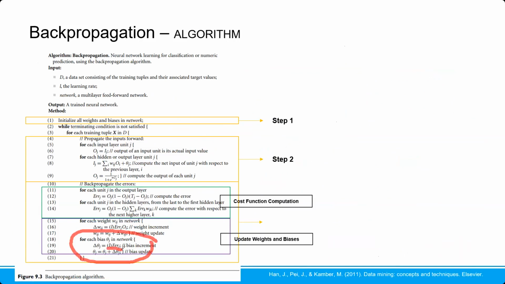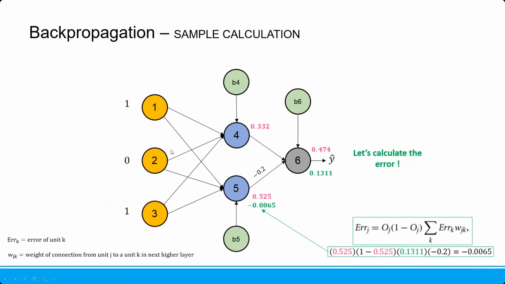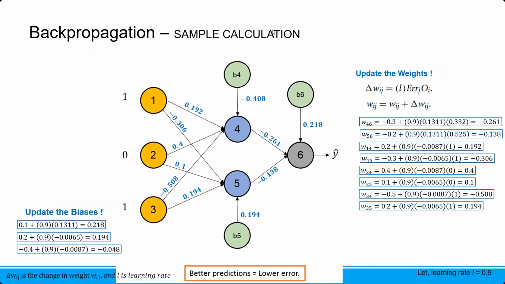So I will just use the learning rate 0.9 multiplied by the error from node 6, which is 0.1311.